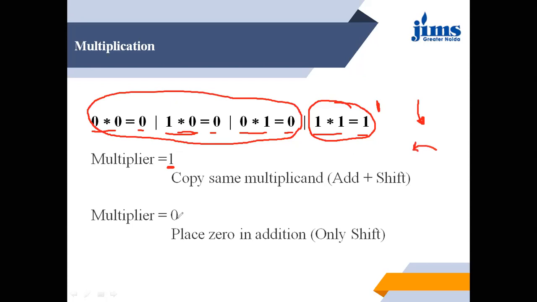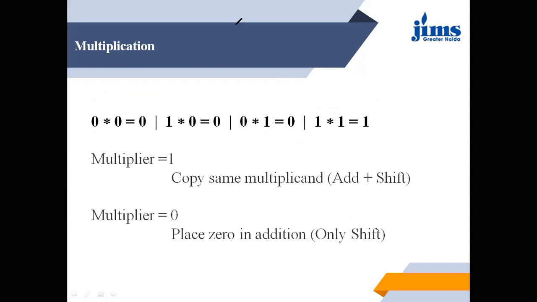But in case of 0, there is no need to copy the content, only and only we have to shift, because all the bits will be 0 at that time. And we will see these two different examples over here, how we can perform that directly also.